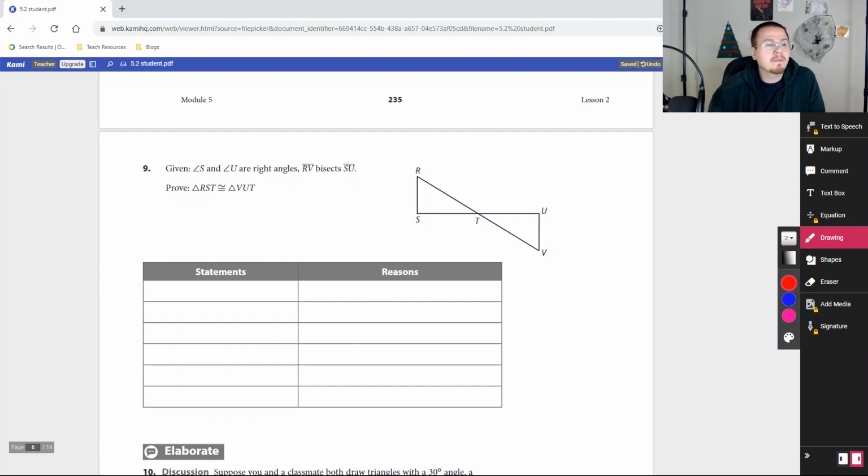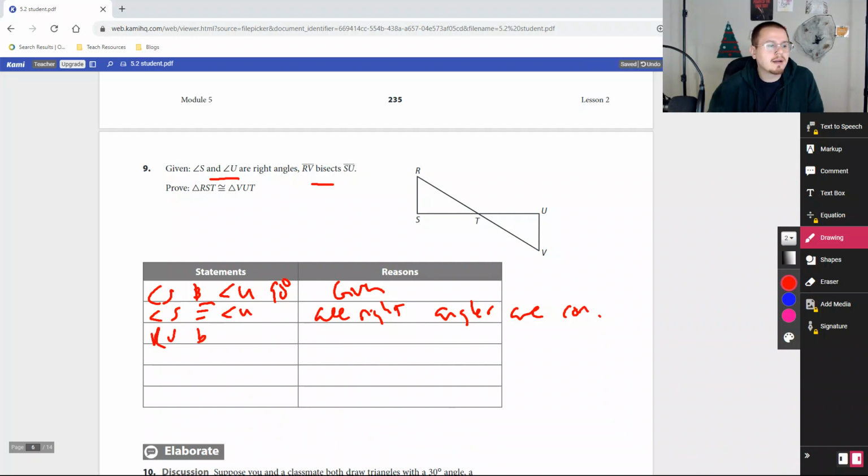I'm going to pause. So here's what we're given. So you're given that angle S and angle U are 90 degrees, right? That's given. You know that those two angles then have to be congruent, because all right angles are congruent, right? Yes.